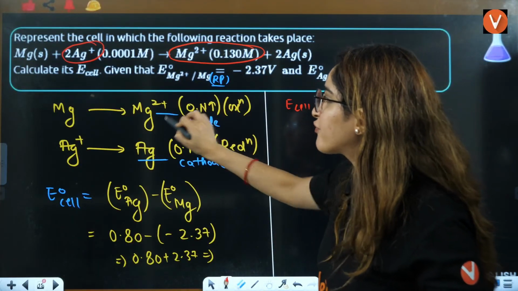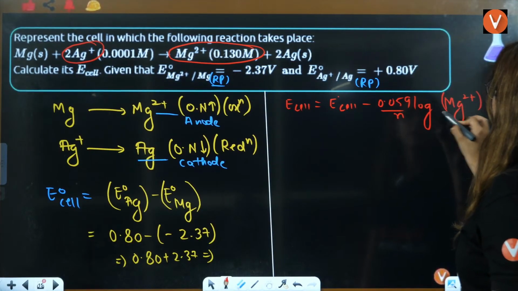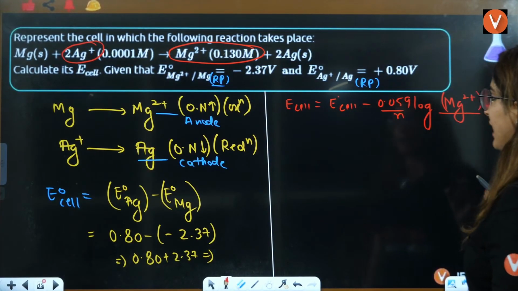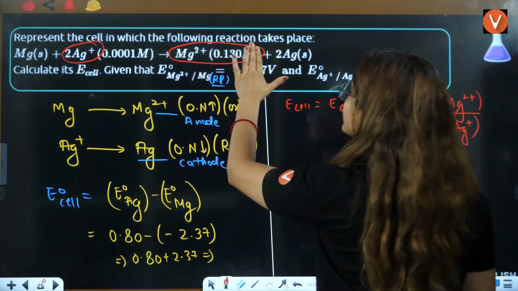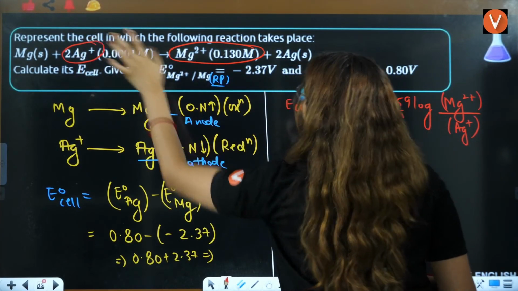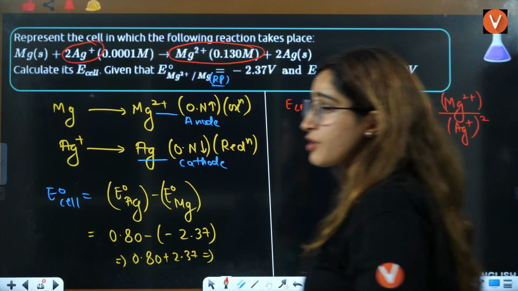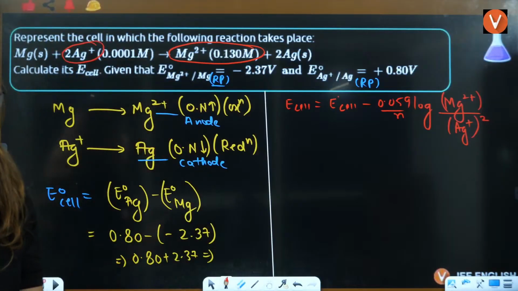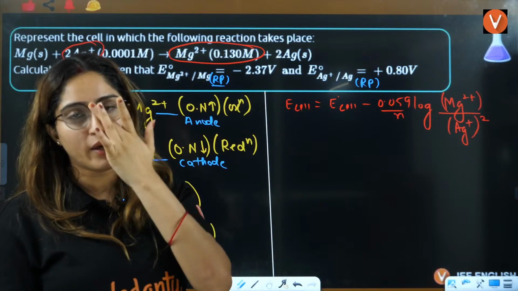Oxidation is happening for Mg, so you will write it as Mg2 positive. Reduction is happening for Ag, so you will write Ag positive. But in the balanced chemical equation, Ag has stoichiometry 2, so it will be squared here. And this is your full-fledged formula for this particular question, okay?